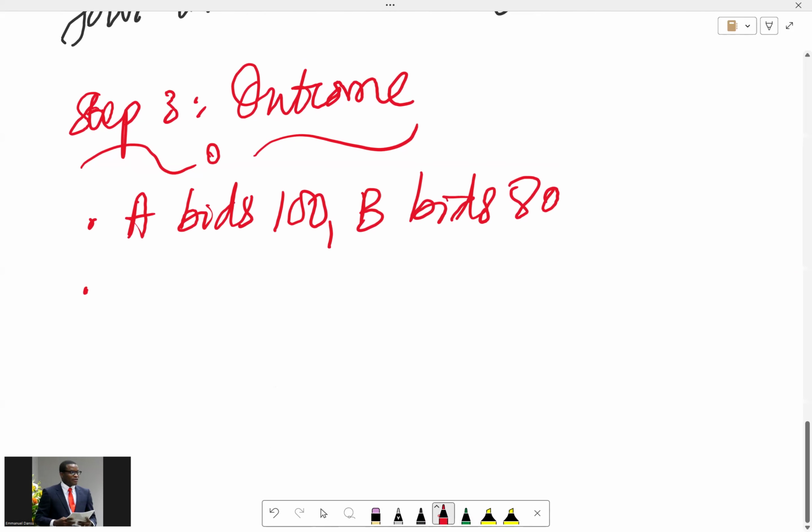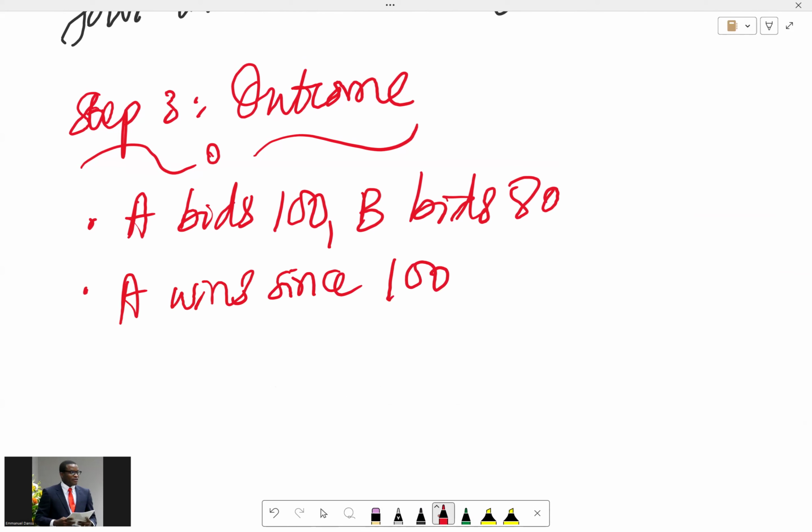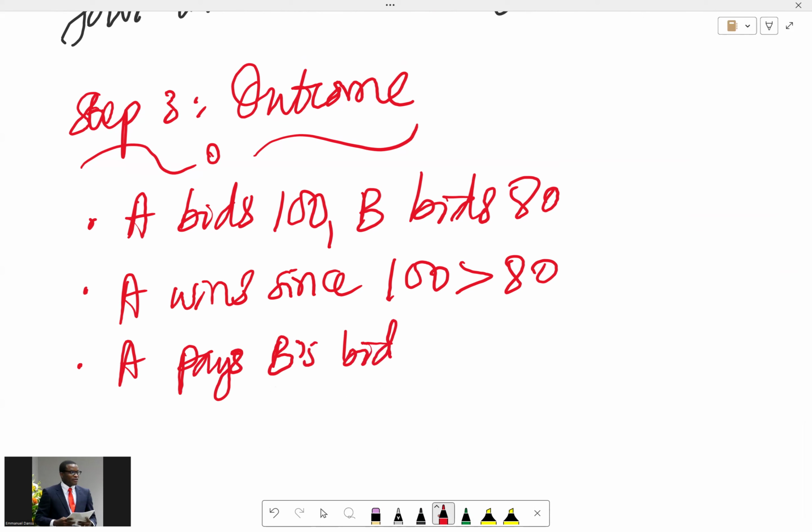Then A wins since 100 is greater than 80. Definitely A is the highest bidder. Now A pays B's bid, which is 80.